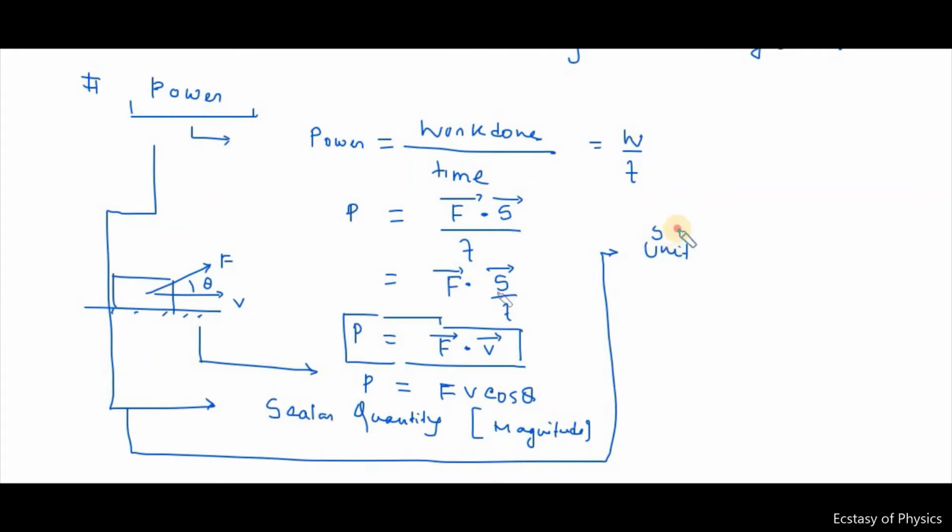And what would be the unit of power? The SI unit of power is joules per second, which is known as the watt. In short, it is represented by W. There is another unit of power also, which we define as horsepower.